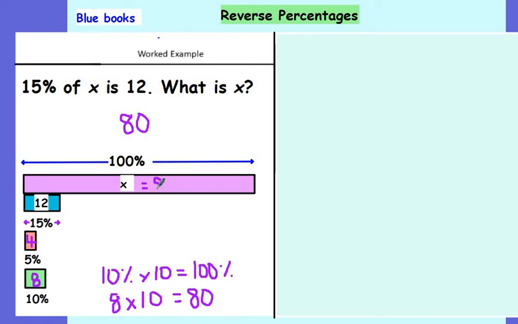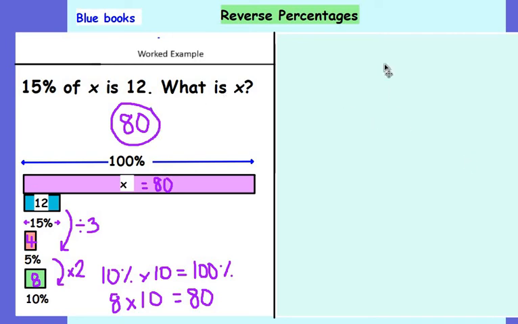Let's go through that one more time. I've been given 15%. I divided that by 3 to work out what 5% might be. I then multiplied that by 2 to work out what 10% might be. And then just as we did in the previous example, I just had to multiply that by 10 to work out my original number, which was 80.